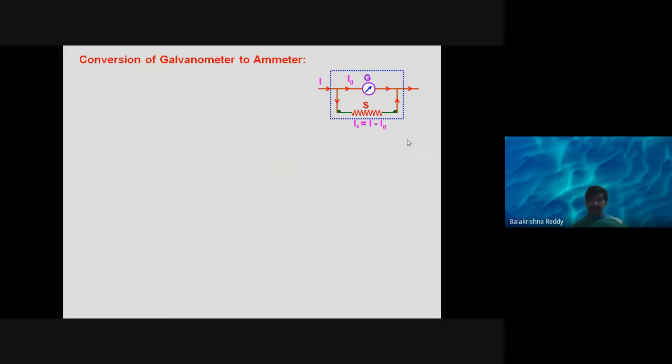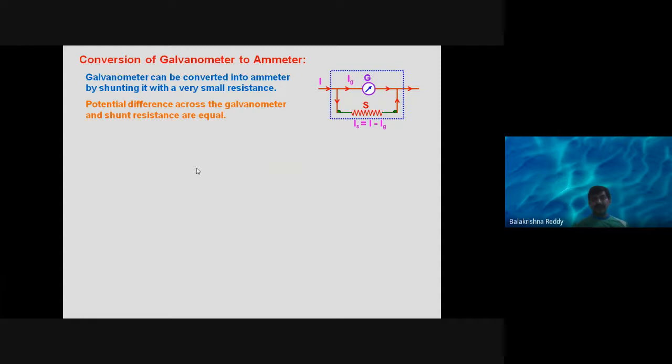Now whatever current is going through this galvanometer divides like this and also flows through this. Now you can see here, we have connected a shunt with a very small resistance. Due to that, the current will be reduced and only a part of it is allowed to flow through the galvanometer.